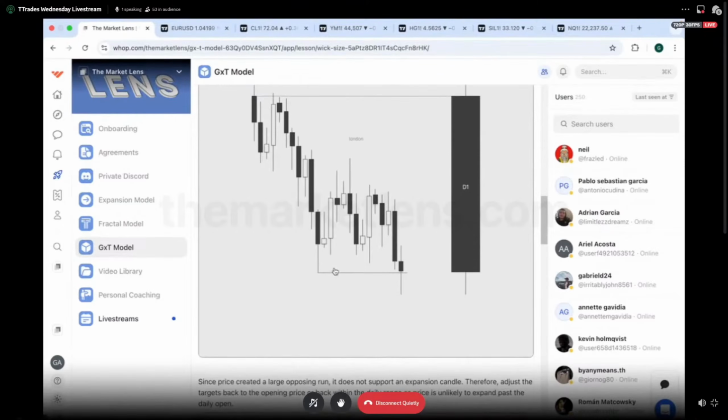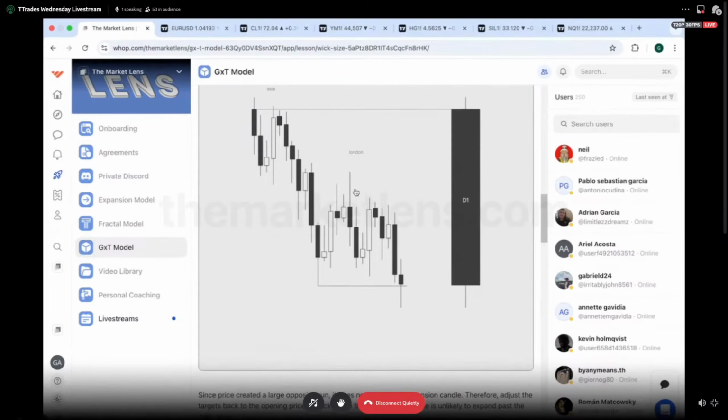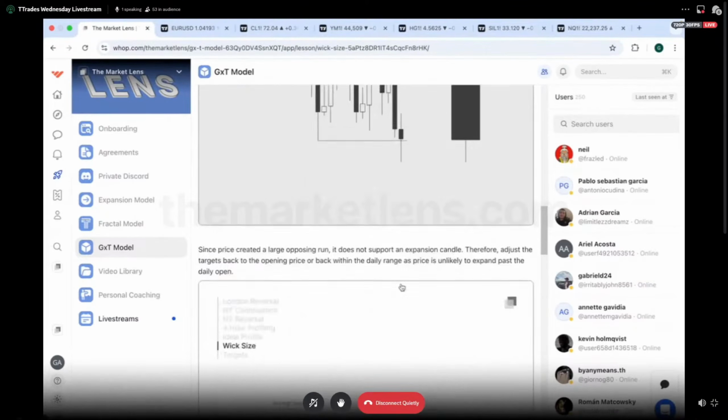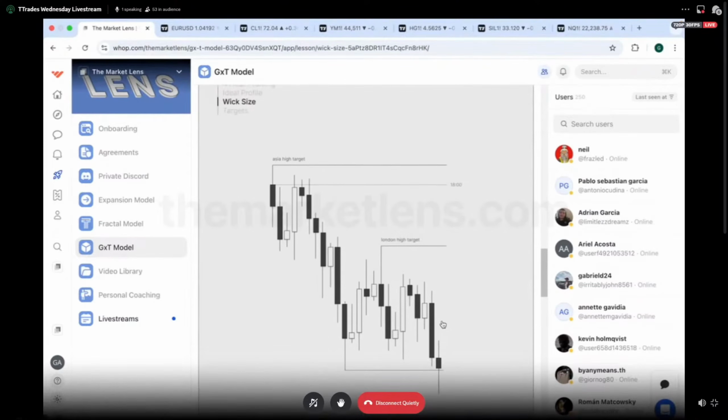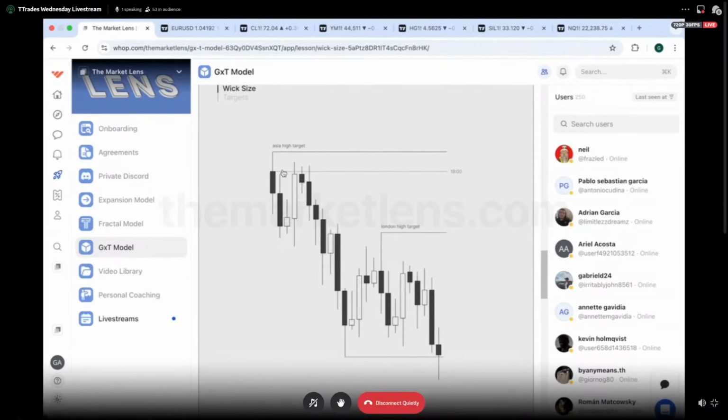So here is an example of us running out this low in New York session. And what are our targets? In order to trade this day, we can't expect a daily expansion candle. So we know it's most likely going to close back within its own range or near the daily open. So we must adjust our targets to that.